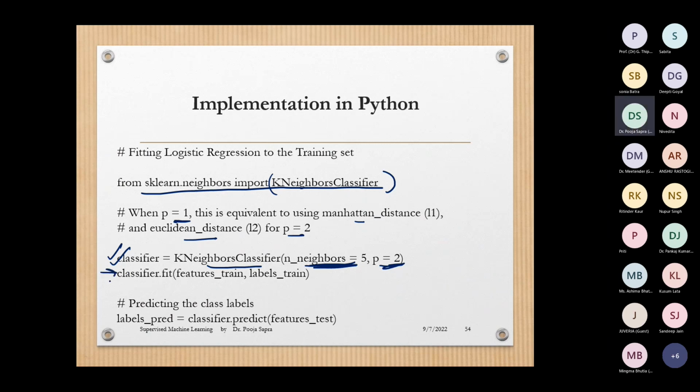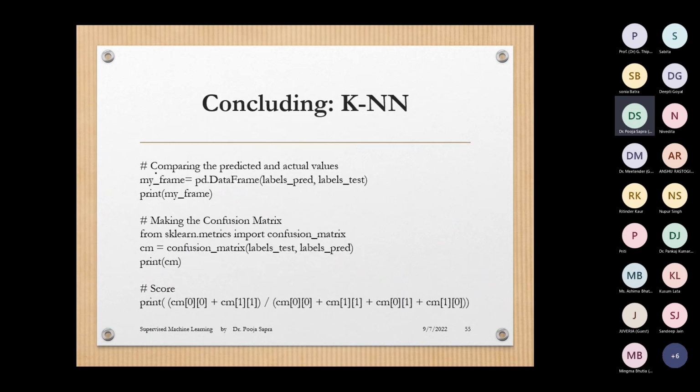Then I will fit this algorithm, and then I will predict. After that, we will compare the predicted labels with the tested labels, with the data frame, then the confusion matrix, and then the score. So this is the story of k nearest neighbor.